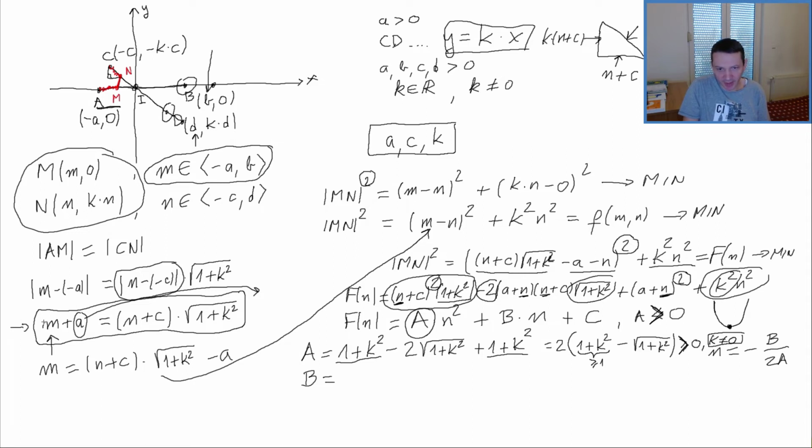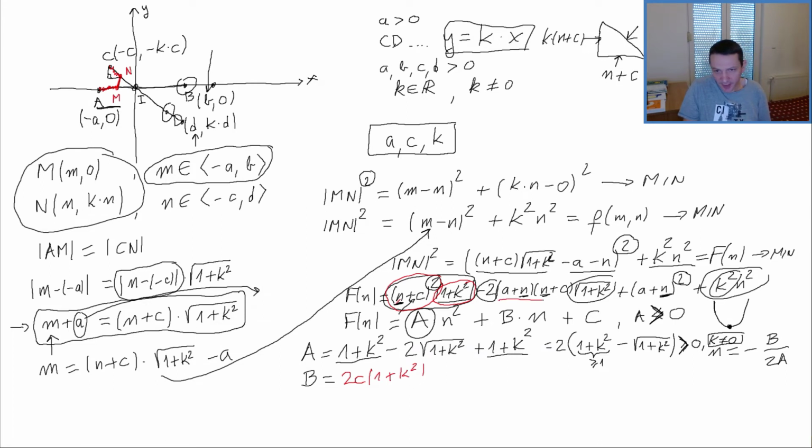B is in front of n, so n will be obtained here in the first term. Okay, I will now change color again, so that this will be easier to follow. In this square of a binomial, we have n as 2n times c, so we will obtain 2c, but also multiplied with the term with k multiplied with 1 plus k squared.